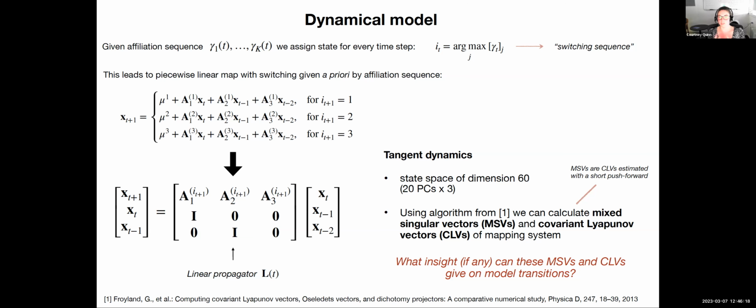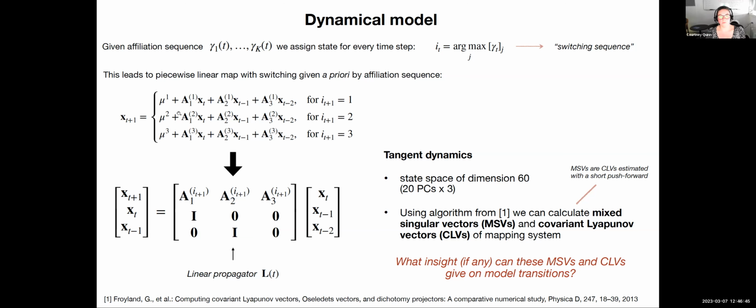Then we have a switching sequence that tells us which state we're in, and the dynamics are defined by the VAR models, for the parameters related to that particular model on that affiliation sequence.